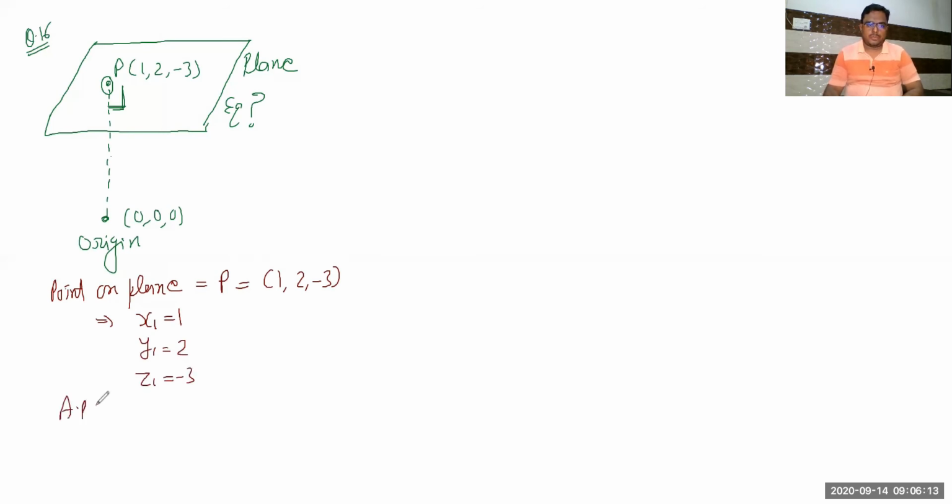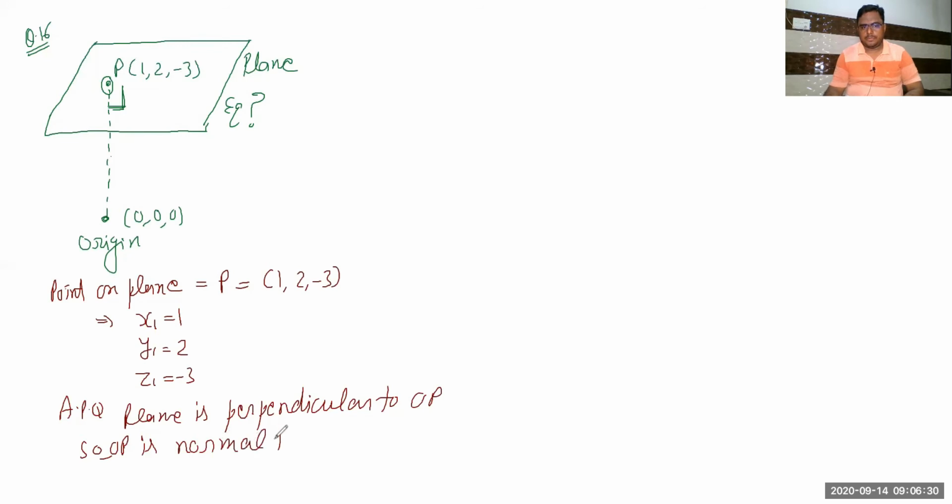As per question, plane is perpendicular to OP. So OP is normal to the plane.